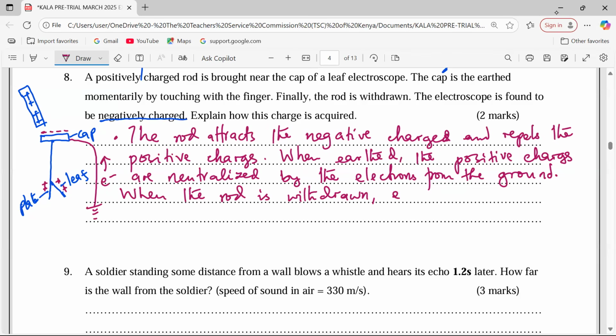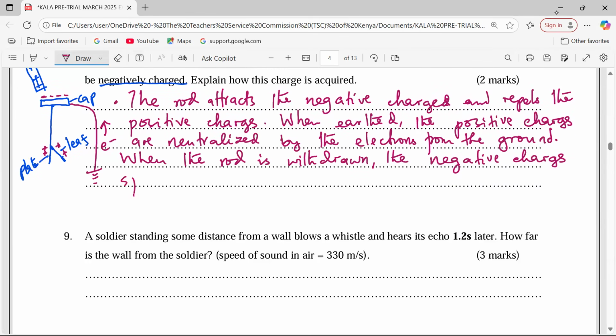the electrons or the negative charges, as they repel one another now, spread to the plate and the leaf, the golden leaf.